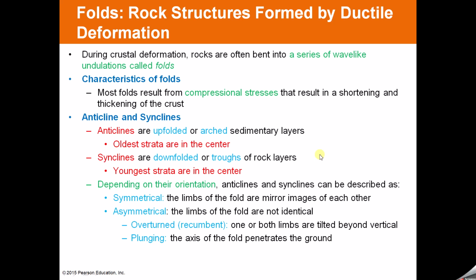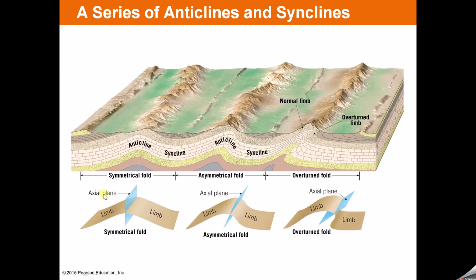So let's look at figures to understand what we're talking about. Here we have a series of anticlines, synclines, anticlines, synclines, but these anticlines are different. If you look at this first anticline here, this is what we call a symmetrical fold, or symmetrical anticline.